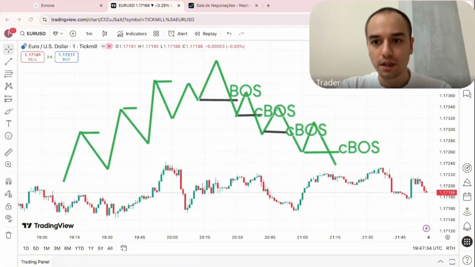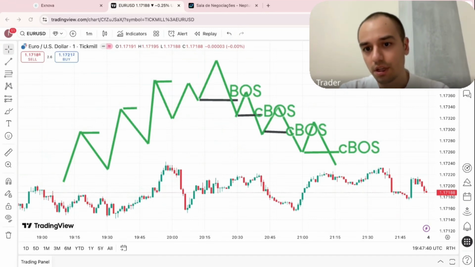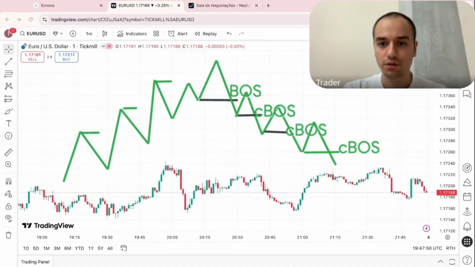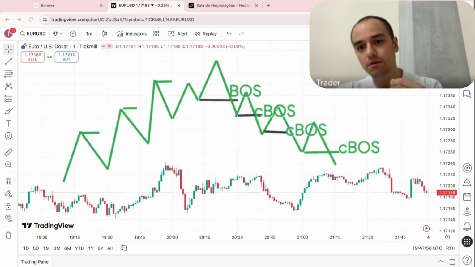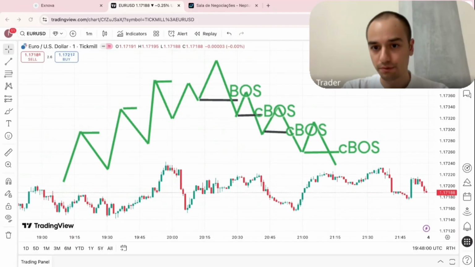In this example, we could see the point in opening long positions, but after the break of structure, here we would be looking for a position to short. And in the moment when the price is unable to continue the trade, we will have another cBOS.